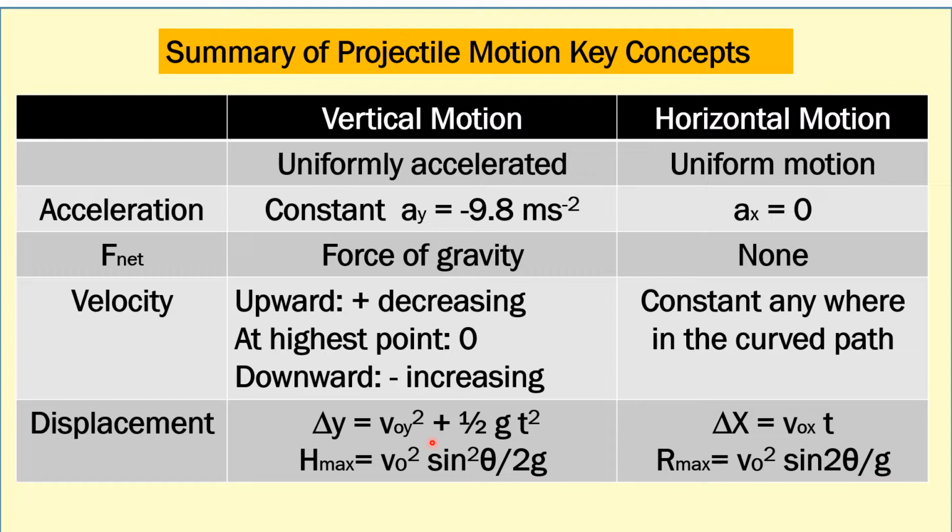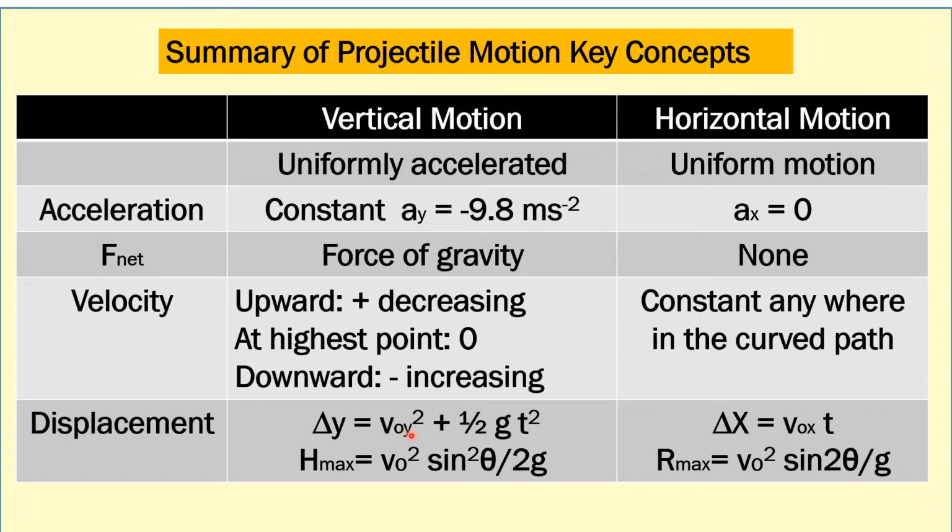To find the delta y, we just apply the formula v sub 0, meaning the initial velocity, squared plus 1/2 g t squared. But in using this formula, we always note that we are referring to the vertical component of the velocity, not the actual velocity of a projectile, but just the vertical component.